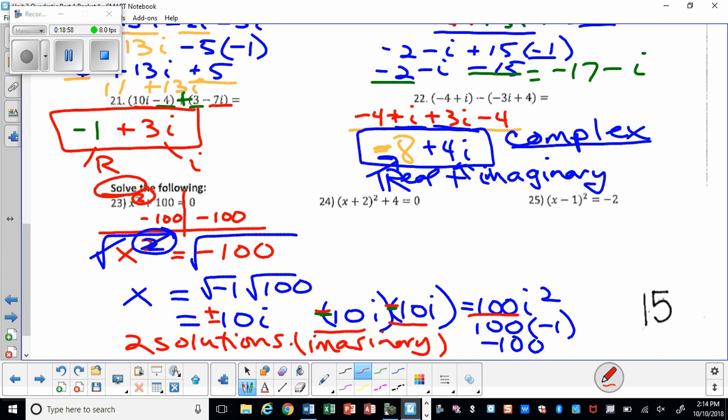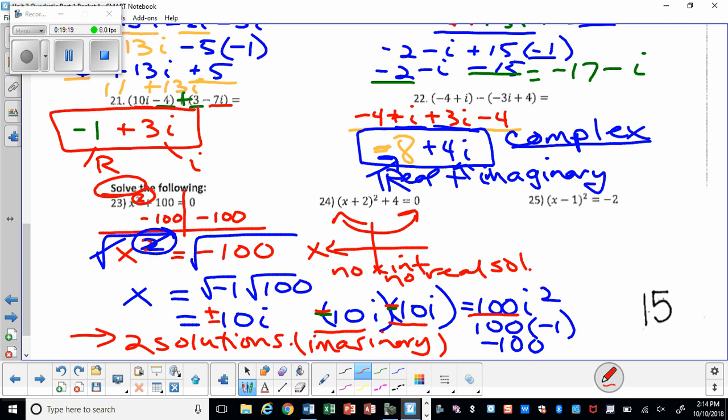That means I have on my graph a graph like this that does not cross my x-axis, right? And it doesn't cross it. There's no x-intercepts, and so that means there's no real solution. But what you have are two imaginary solutions. All right.